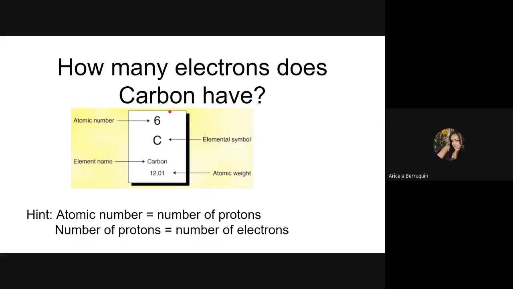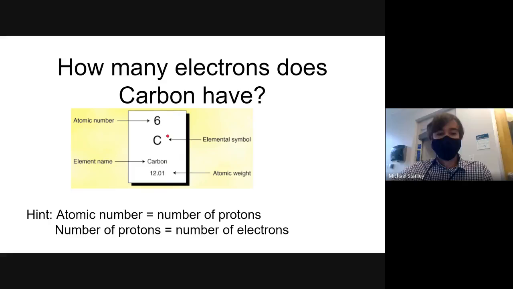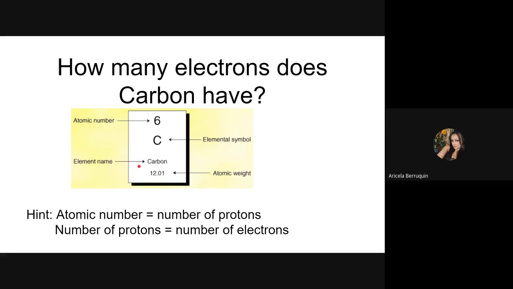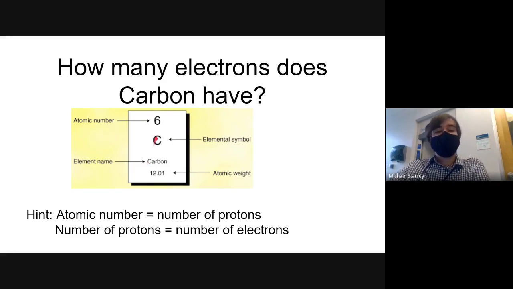Yeah, because you're rounding 12.01, so you just leave it at 12. Exactly. So you just say that this is about 12 for the atomic weight, and then 12 minus 6 is 6 neutrons. So that's the tricky thing to remember about neutrons, that it's not just the weight. You have to do the weight minus the atomic number.